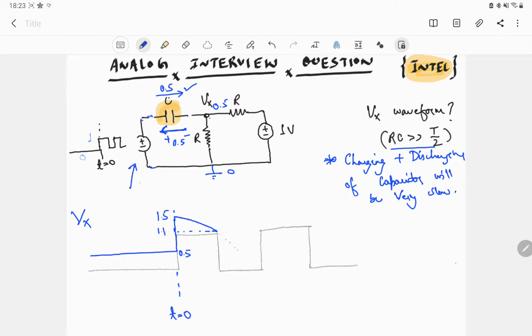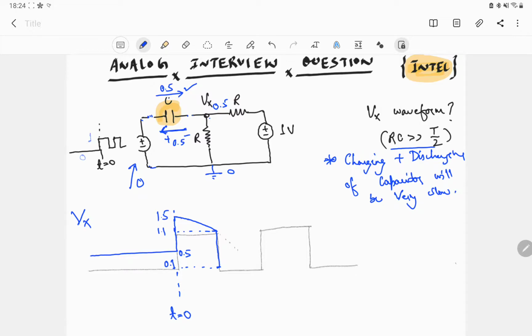The 1 volt will be removed and 0 volt will be here, so it will decrease by 1, and this will go to 0.1. So 0.1 will be there. So this will happen.